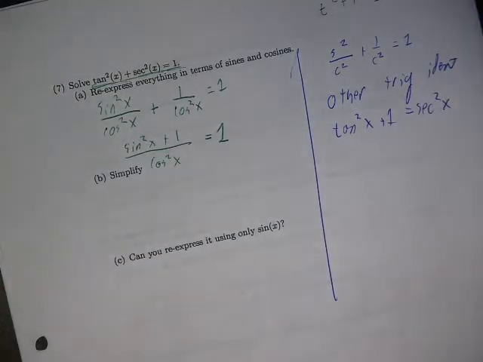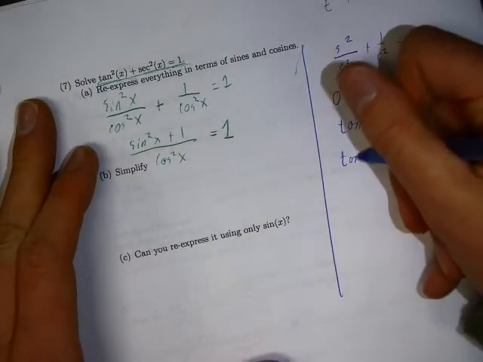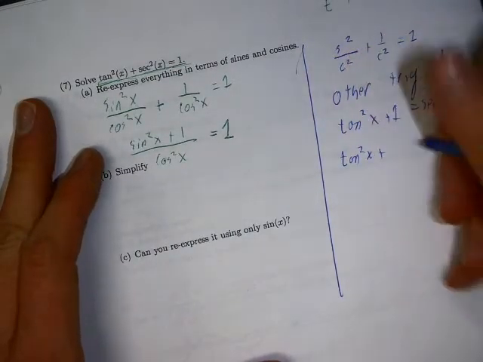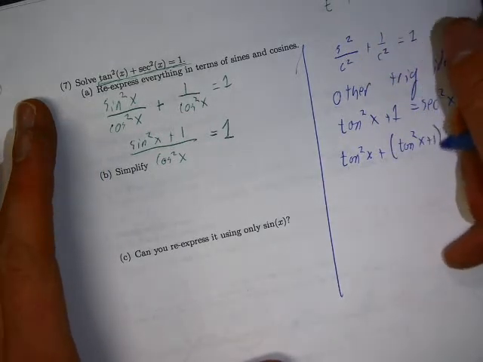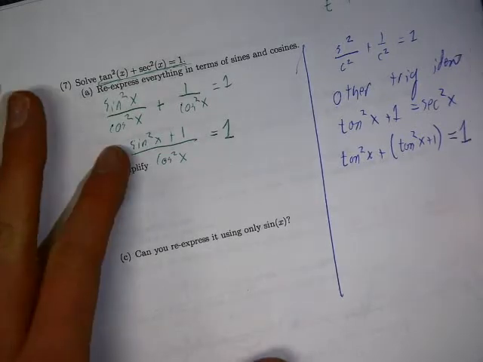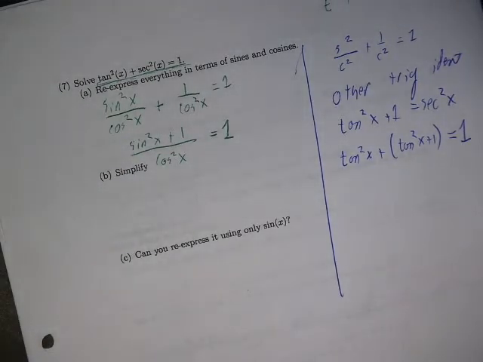If you want to use that, you could just rewrite that secant squared as, so I've got tangent squared of x plus tangent squared of x plus 1 equal to 1. Does that look like you could solve it for tangent?